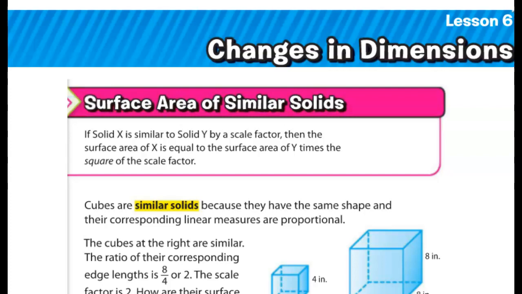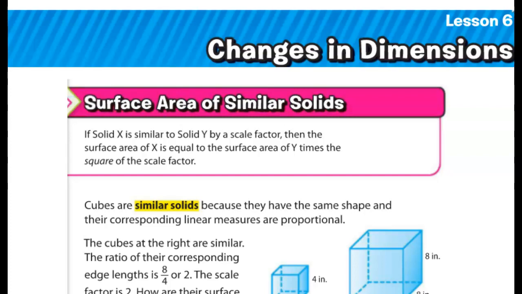Okay, so when we're dealing with similar solids and scale factor, if we're trying to find the scale factor of similar solids, we're going to do something similar to what we just did with the answer there.